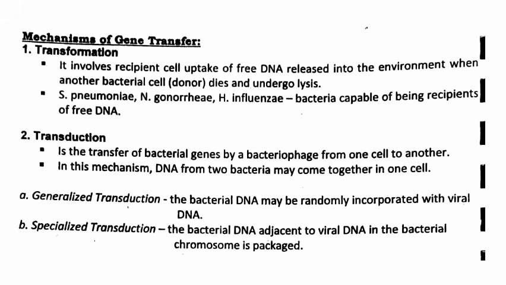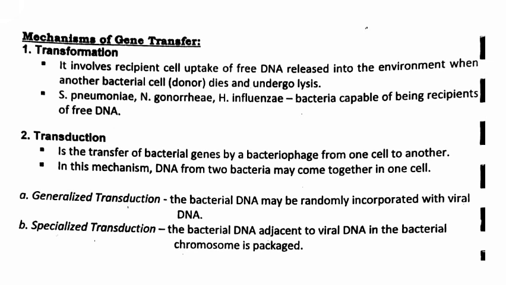Okay? So bacteria commonly undergoing transformation to transfer their genes to others are Streptococcus pneumoniae, Neisseria gonorrhoeae, and Haemophilus influenzae. So these bacteria are capable of being recipients of free DNA. Transduction is the transfer of bacterial genes by a bacteriophage from one cell to another.